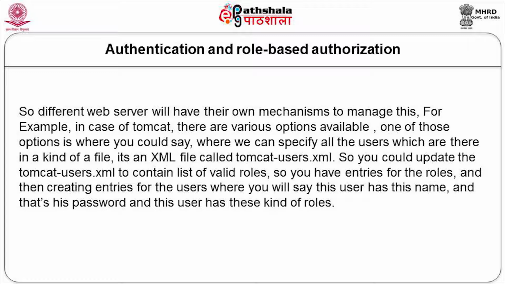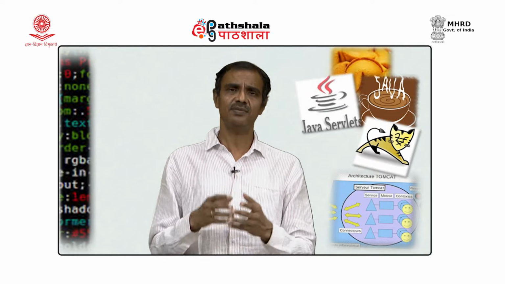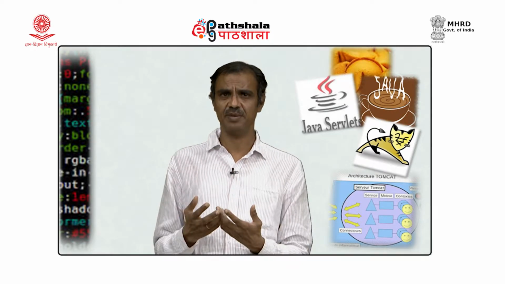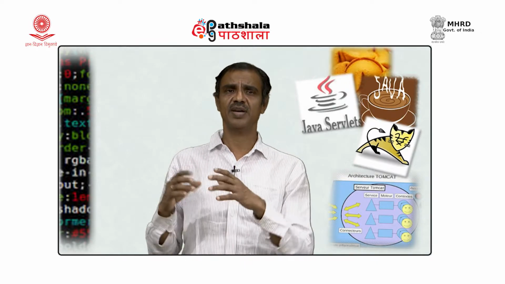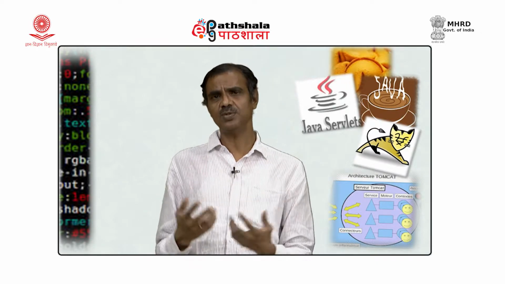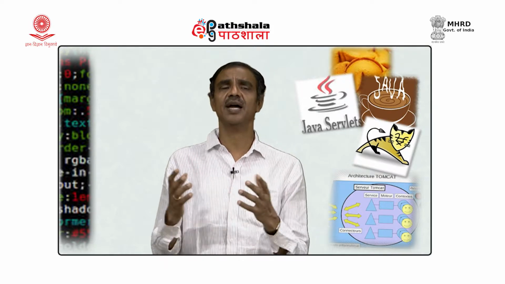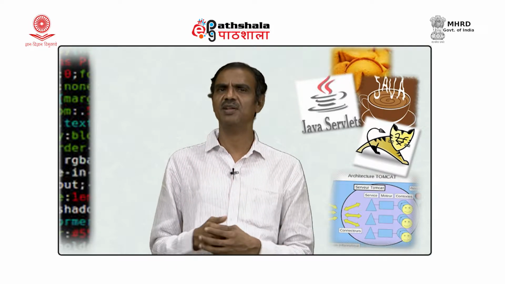For example, in case of Tomcat, there are various options available. One of those options is where you specify all the users in a file, an XML file called tomcat-users.xml.